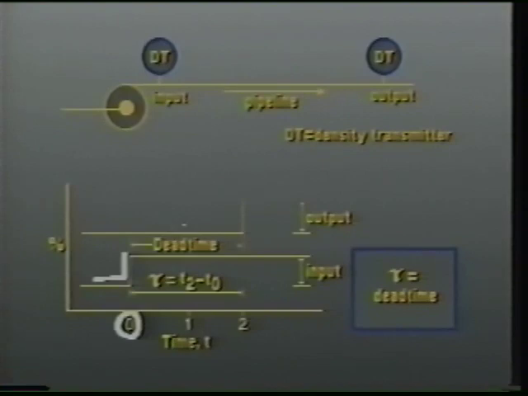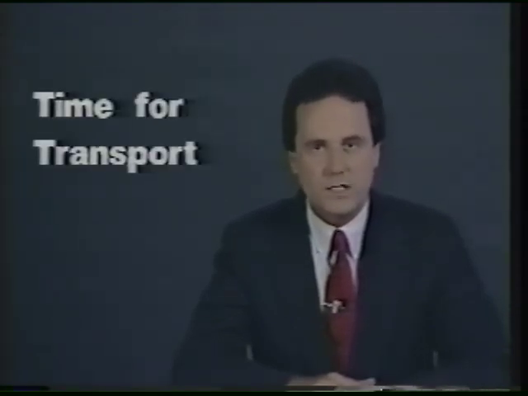Later, at this point, we see the first change in output responding to that input change. The interval or delay between these 2 points is our process dead time. Process dead time or delay usually reflects the time required for transport.